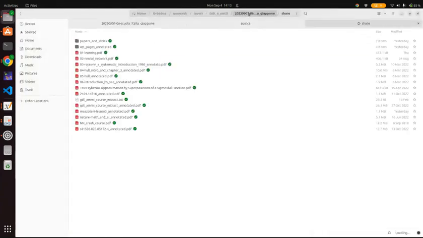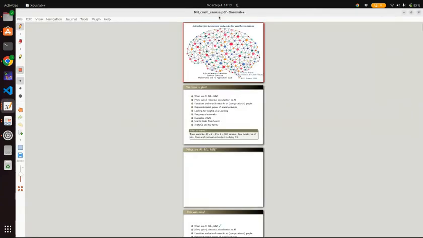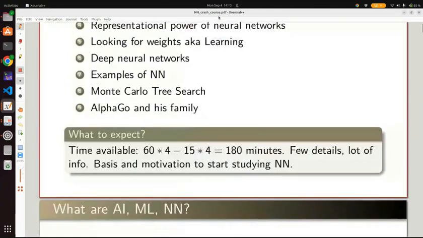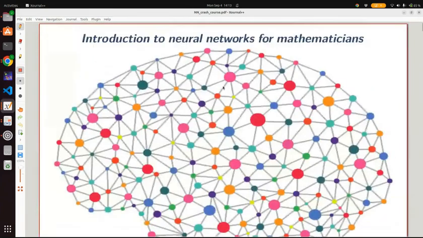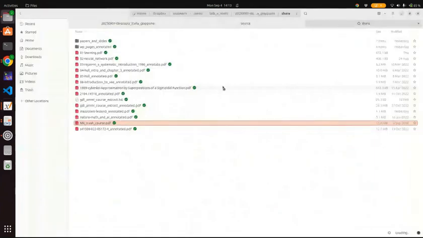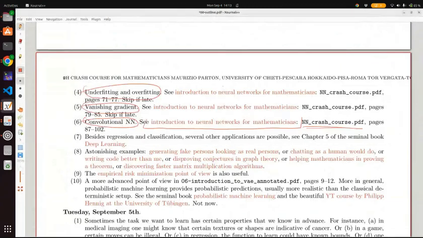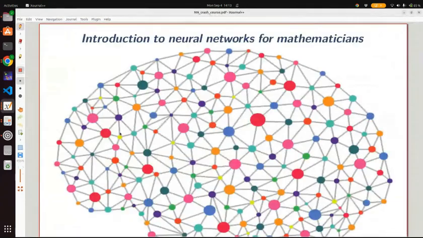Neural network crash course. This one. And then we should go pages 87.